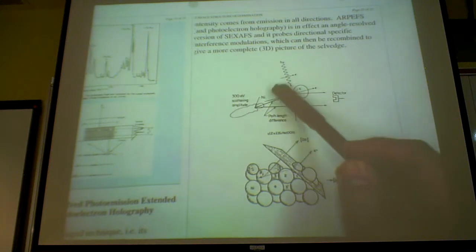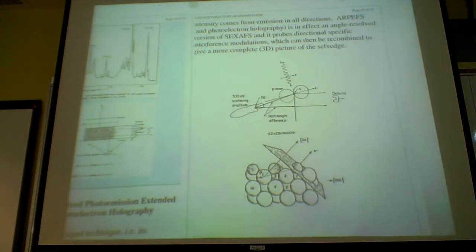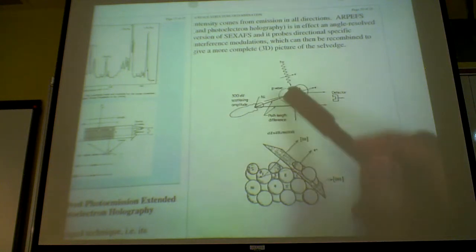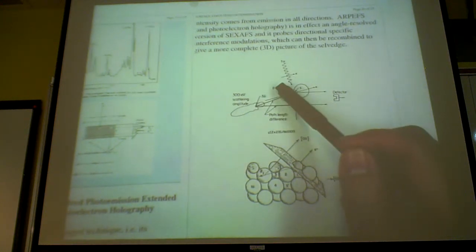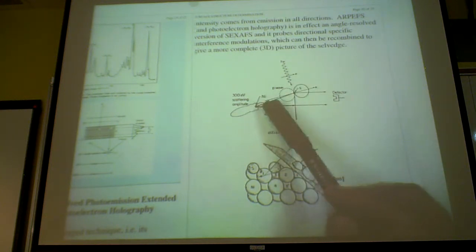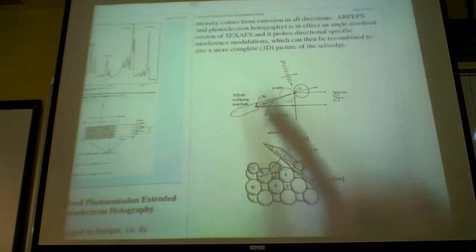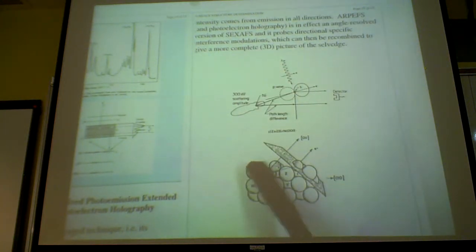And the emitted wave, because you have to have a dipole transition, the photon has angular momentum of 1, therefore the outgoing wave is a P wave. It looks like this. The P wave hits the nickel atom, right? So sulfur is adsorbed on top of the nickel surface like this. So this is my sulfur atom, and then you have a nickel surface.